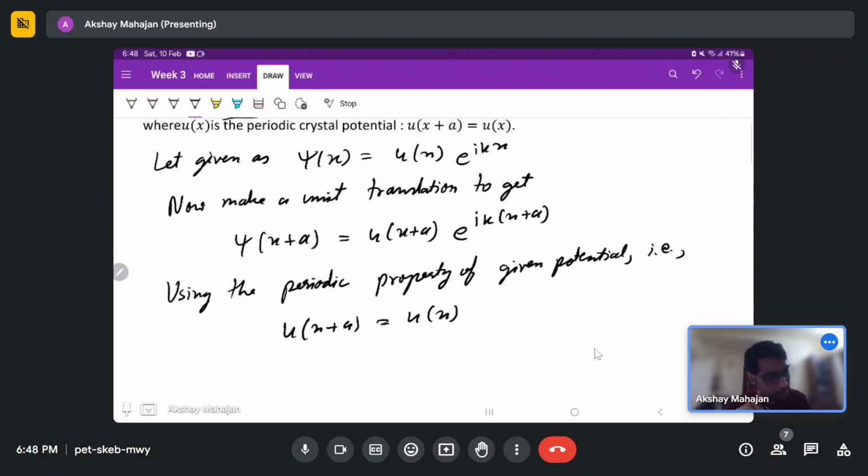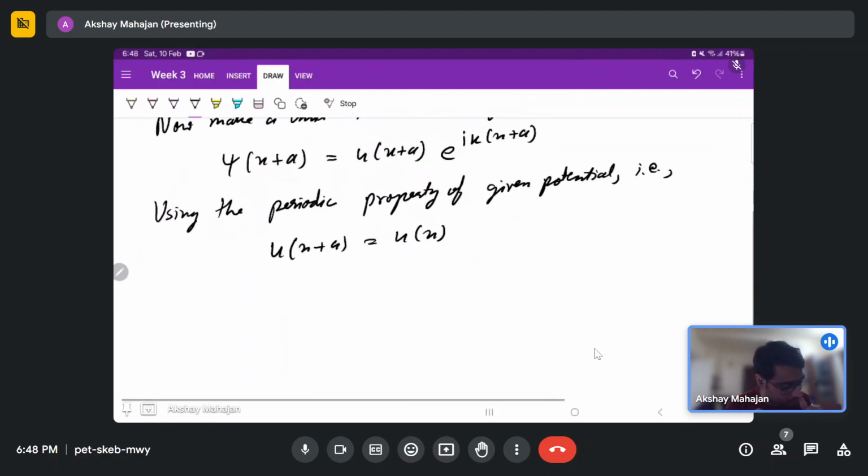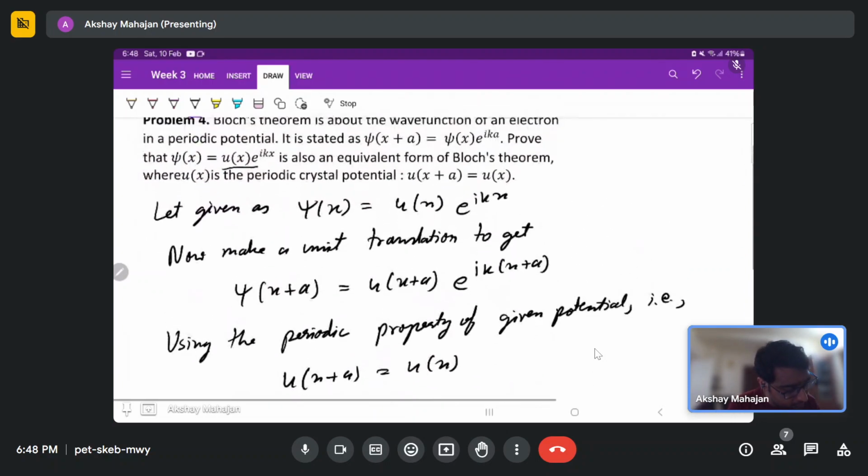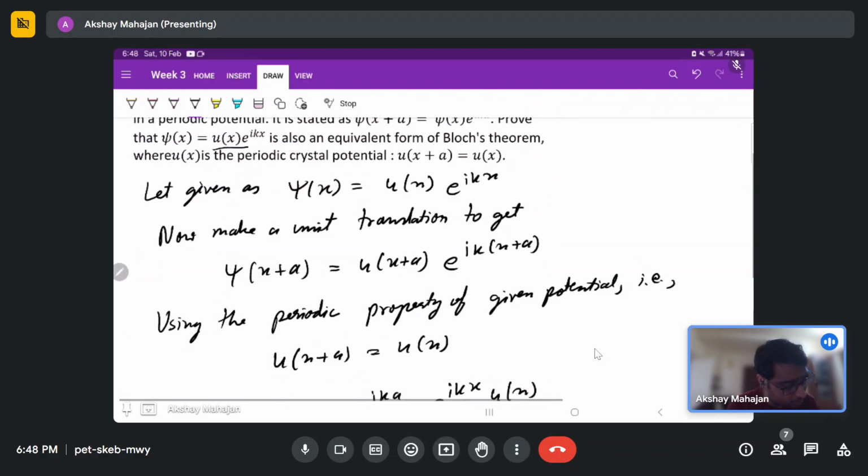This is the periodic property that is given to us. We can write psi of x plus a as e to the power iota ka times e to the power iota kx times u of x. u of x plus a will be u of x, and I have just written e to the power iota k times x plus a as e to the power iota ka times e to the power iota kx. Now here we have taken this psi of x as u of x times e to the power iota kx.